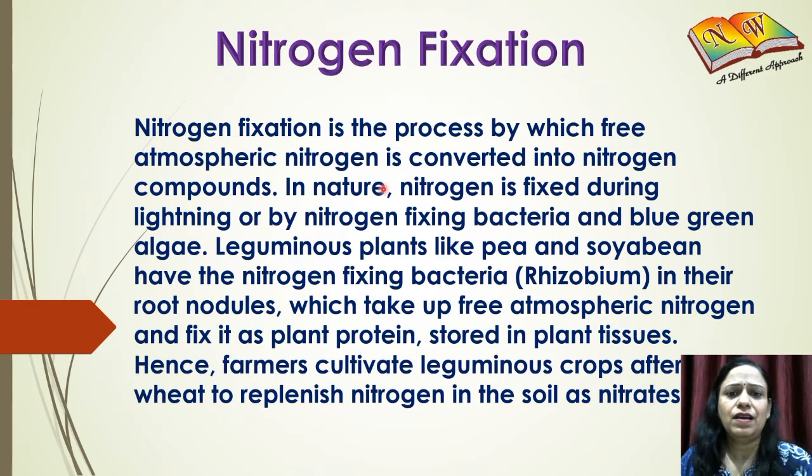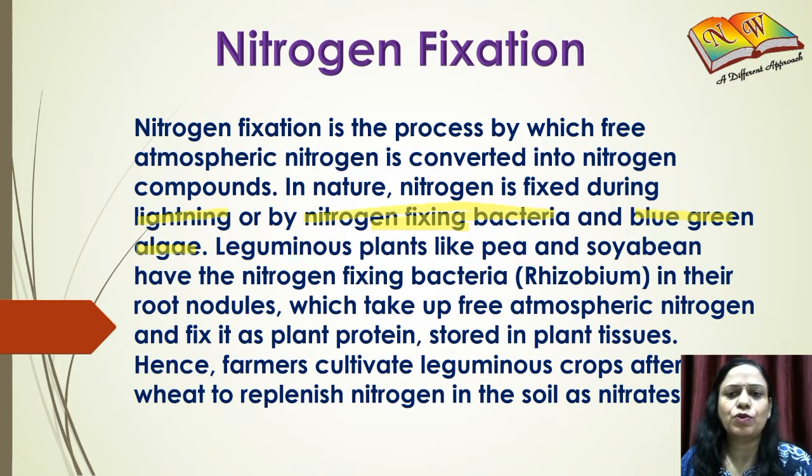Basically, there are certain microorganisms living in the soil, like the symbiotic bacteria, which are nitrogen fixing bacteria, and certain blue-green algae, which have this special ability of converting the nitrogen in the atmosphere to these compounds in the soil. In addition to this, whenever there is thunder and lightning, that also helps in converting the atmospheric nitrogen into nitrates, which are then washed down to the soil with the help of rain.